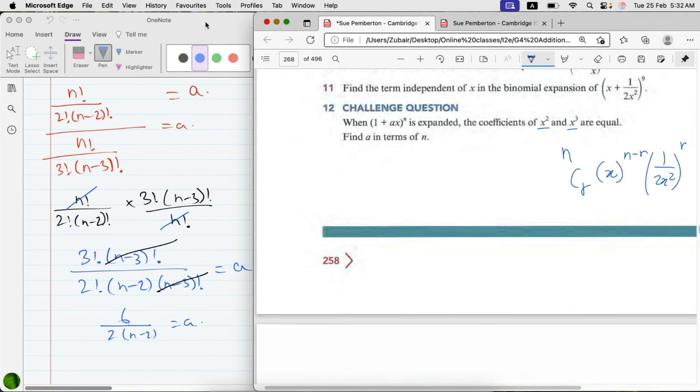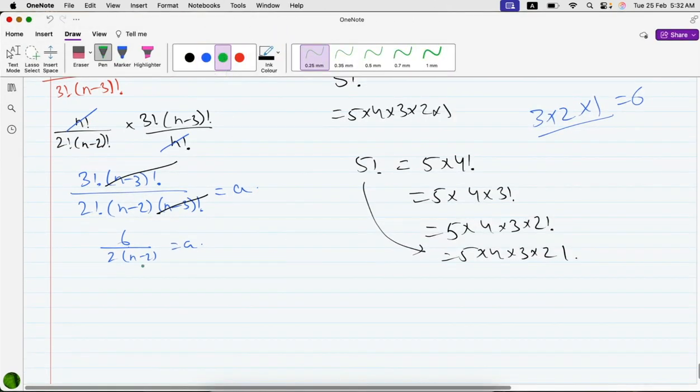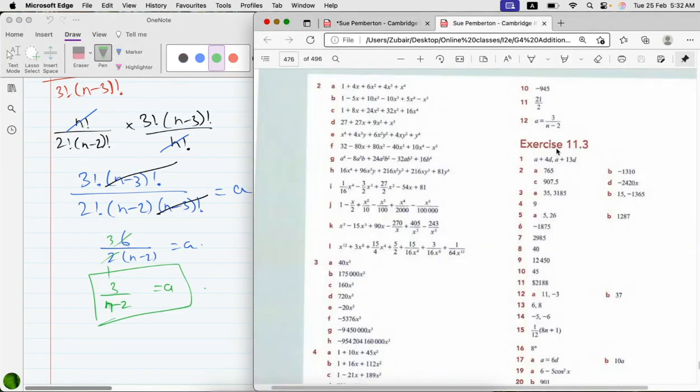Find a in terms of n. So a in terms of n: this is 2 one times, 3 over n minus 2. So a is 3 over n minus 2.